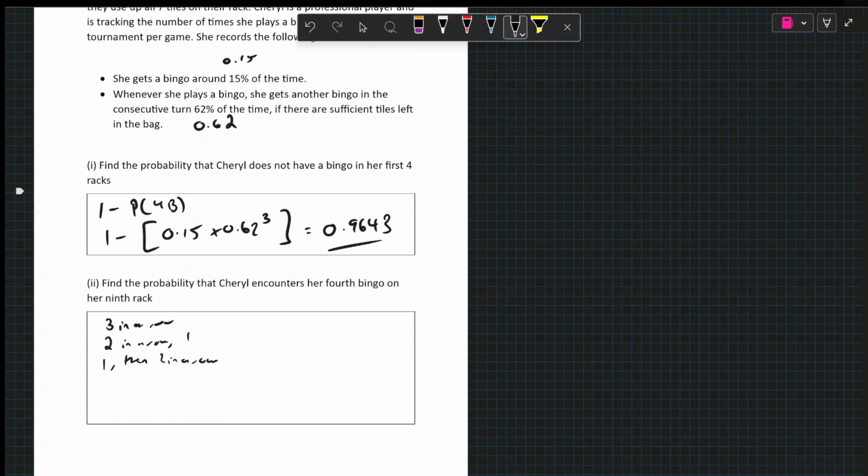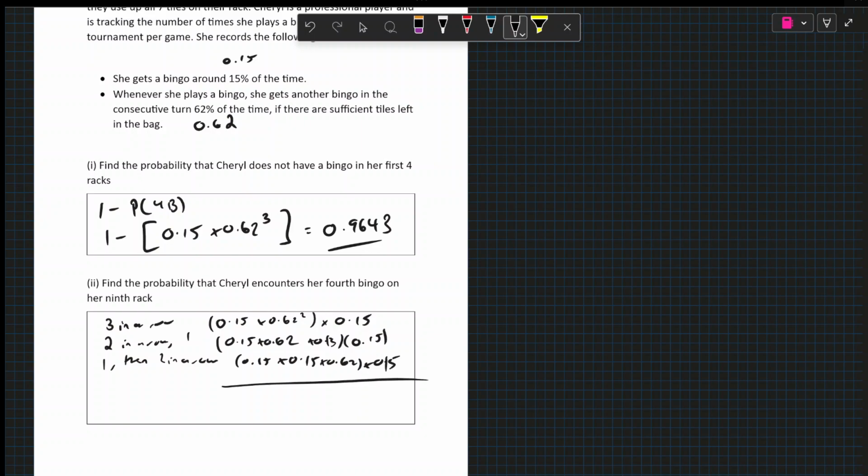So what this will be is the 3 in a row at any point is 0.15 times 0.62 squared, and then a bingo. 2 in a row and then 1. Well, she gets 2 in a row, that's 0.15 times 0.62, then another, and then 1, so 0.15 times 0.15 times 0.62, and then times 0.15.